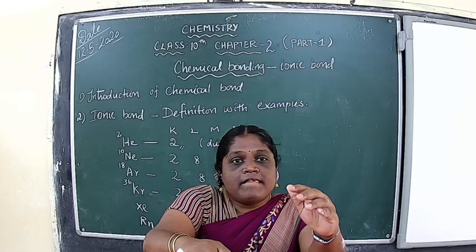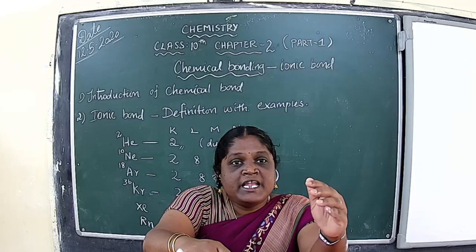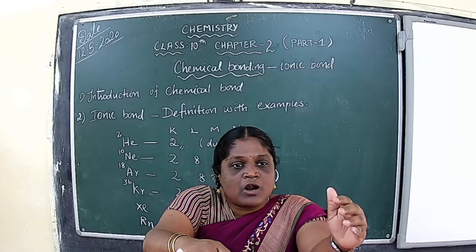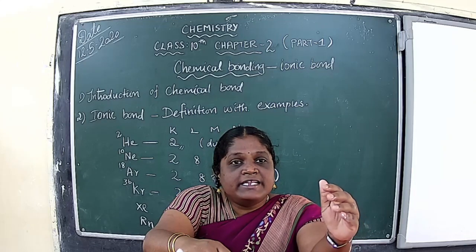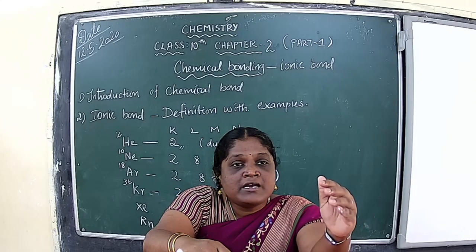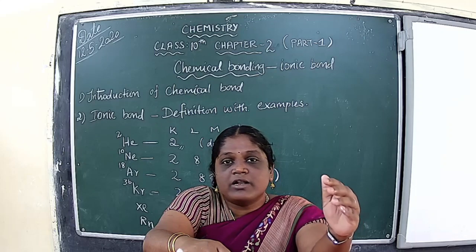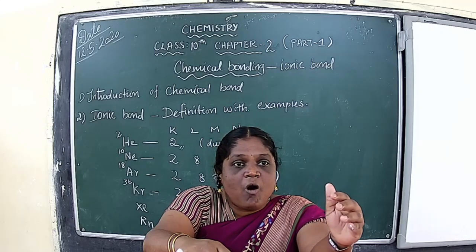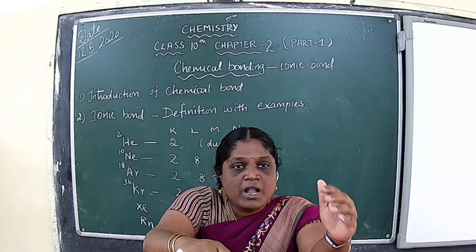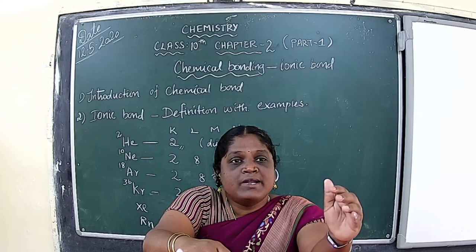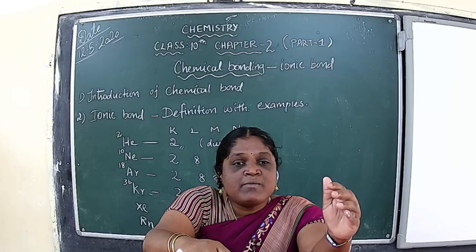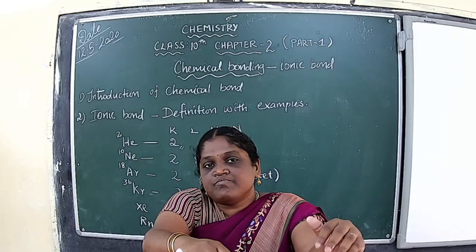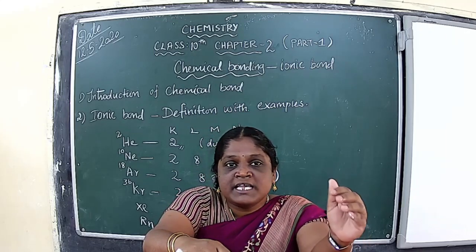Understood? So when there is redistribution of the electrons, at that time it takes part in the chemical reaction. So mostly all the elements except noble gases take part in the chemical reaction. Why not noble gases?